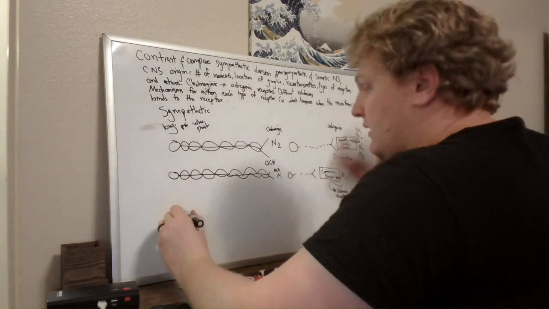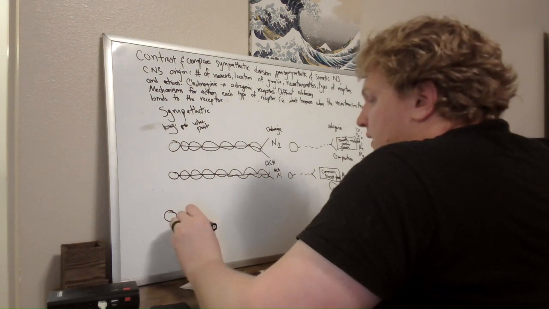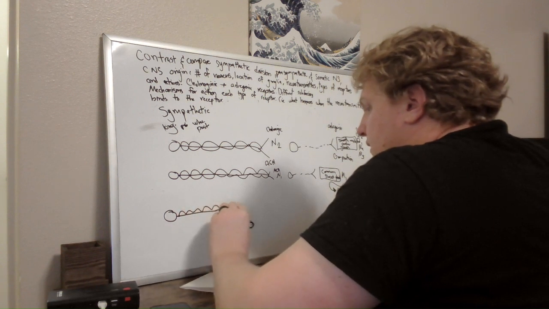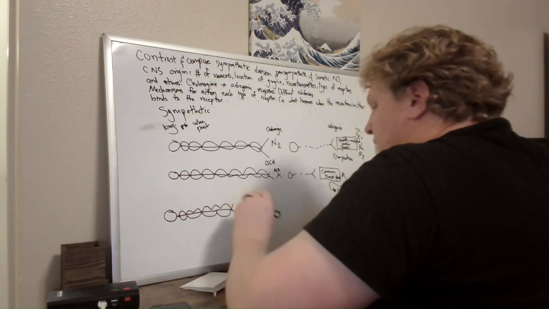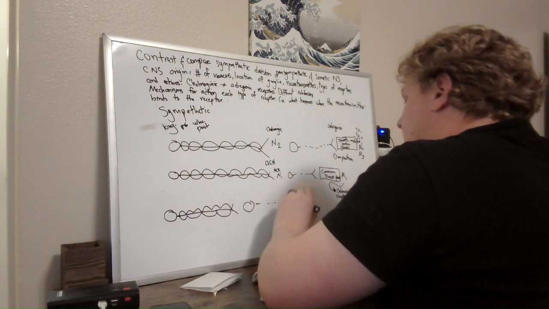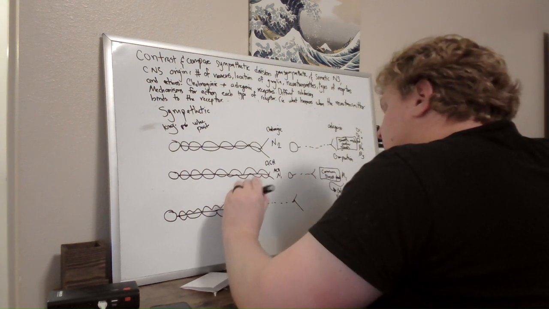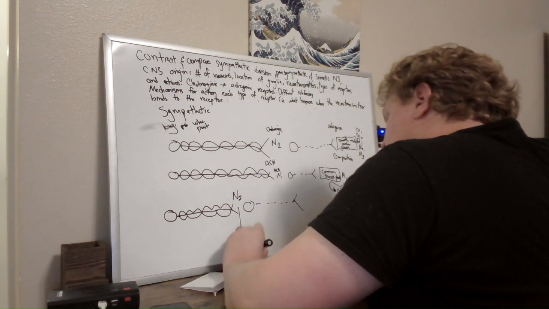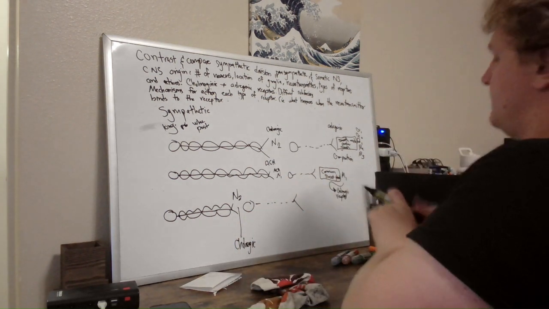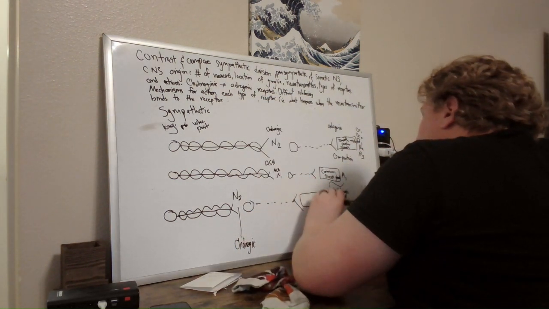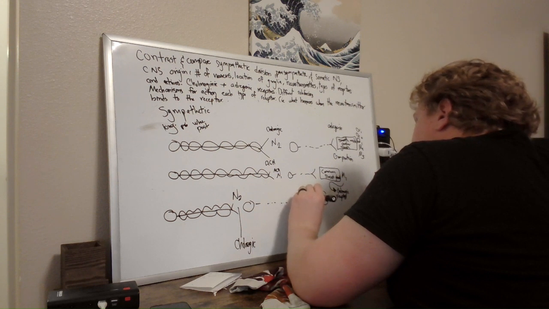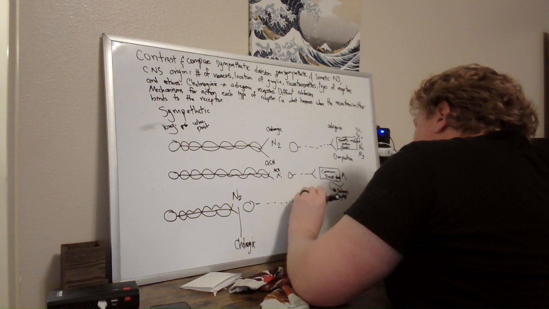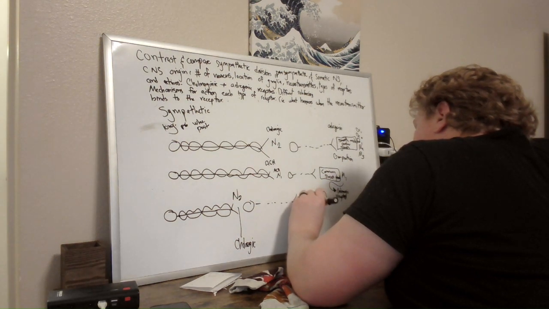Okay, then with parasympathetic, it's going to be a little bit different. So still myelinated. Still going to be an N2 receptor between these two. Still cholinergic. The difference here, it's the same thing: smooth muscle, cardiac, glands.